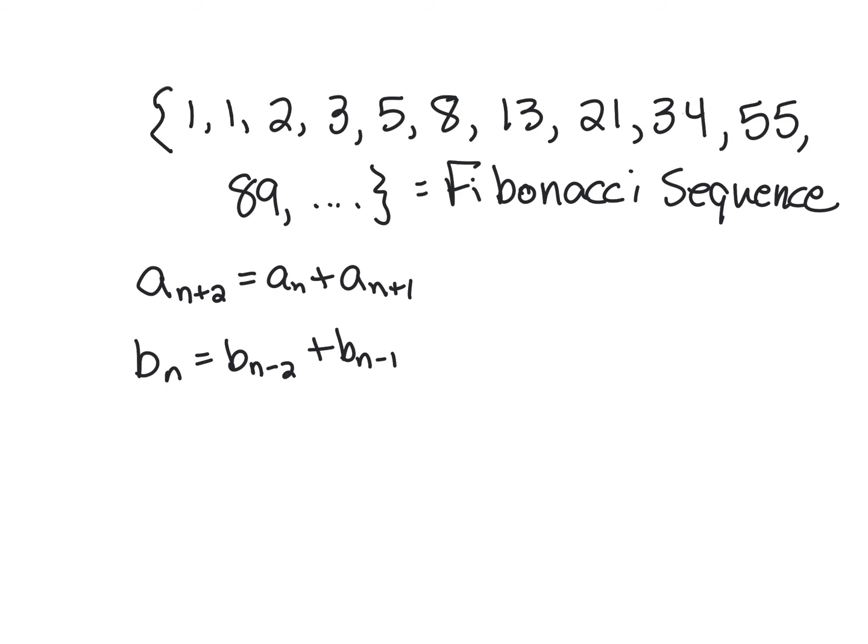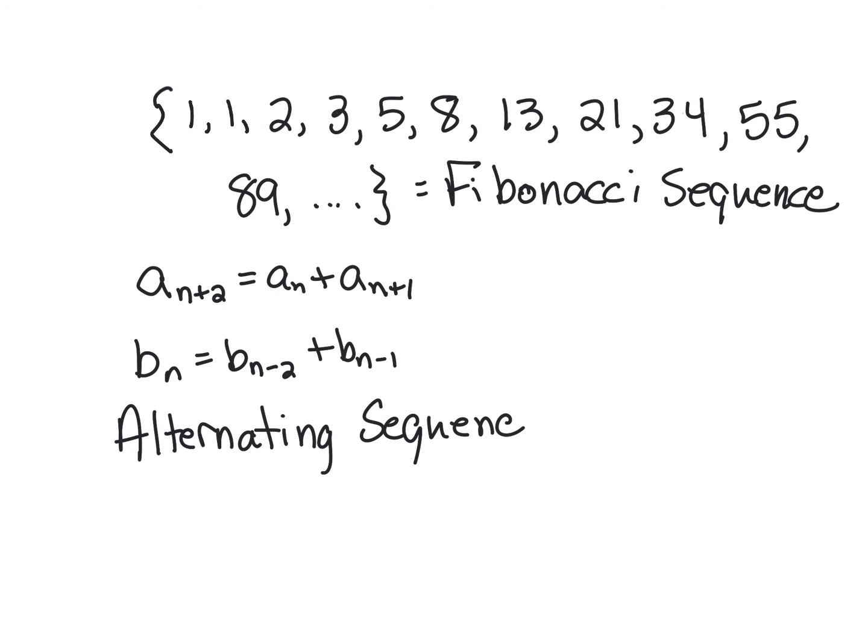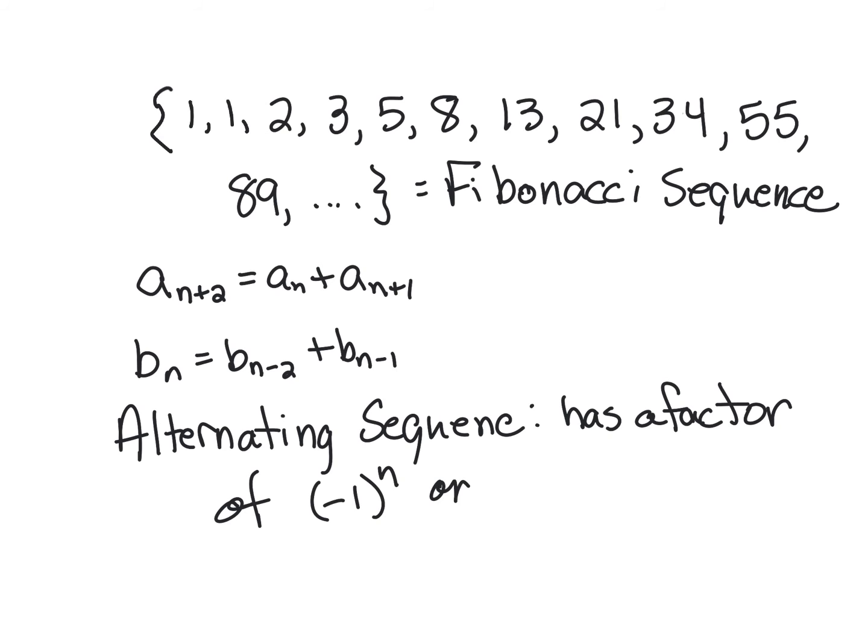Okay, another kind of sequence that's important is an alternating sequence. Alternating means that the sign is alternating. It always has a factor of a -1 to the n or a -1 to the n plus or minus 1. It doesn't matter.